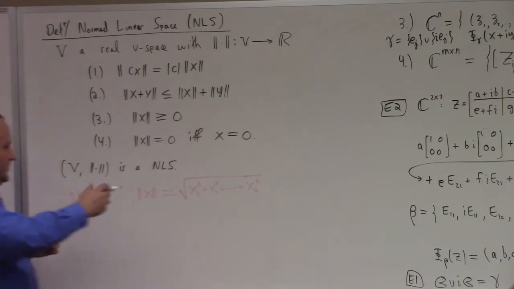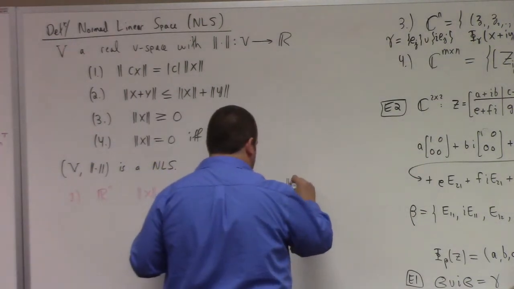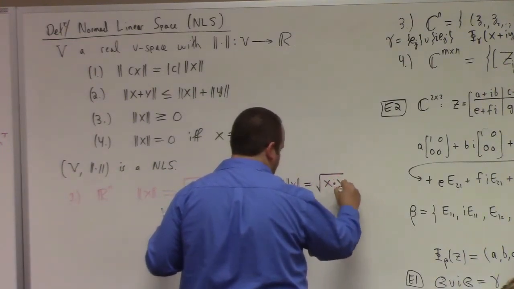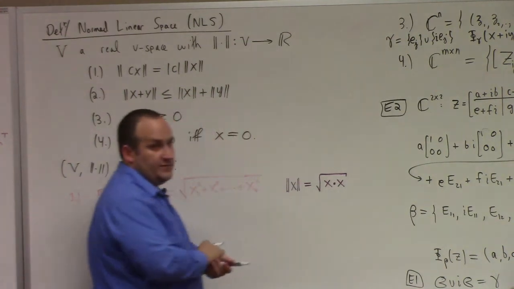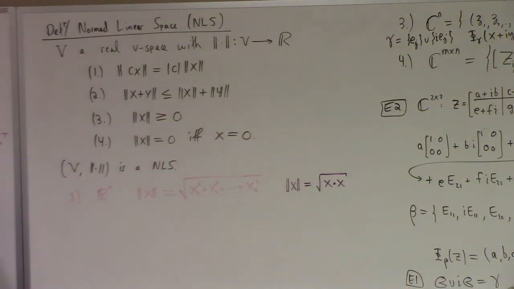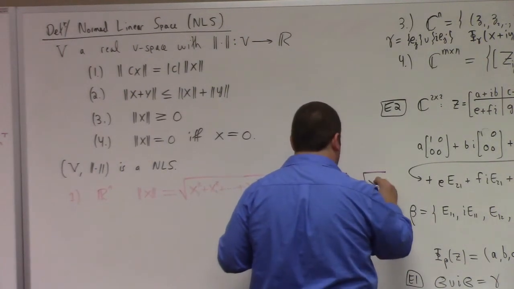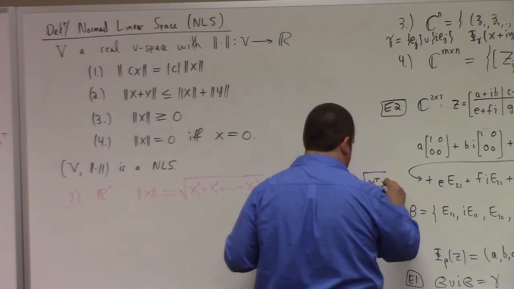All right, so in other words, for a snazzy formula, the norm of x is the square root of x dot x, right? The dot product of x with itself. Or you could say x x transpose, would it be? Or x transpose x? x transpose x, yeah. If we want it in terms of a row column product, right? There we go.